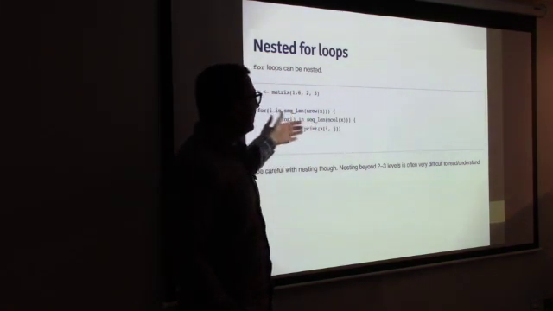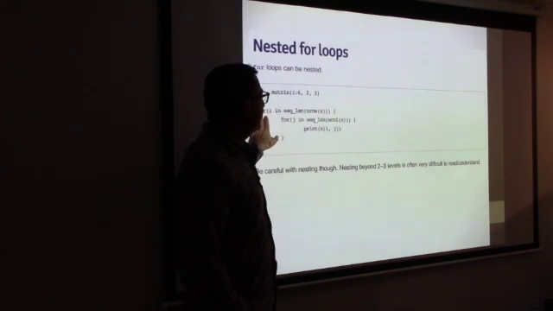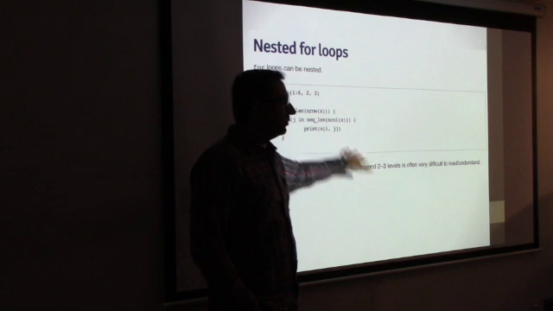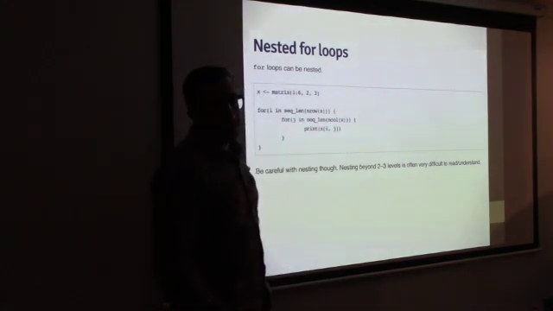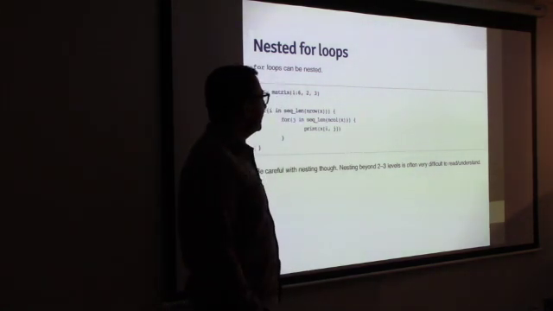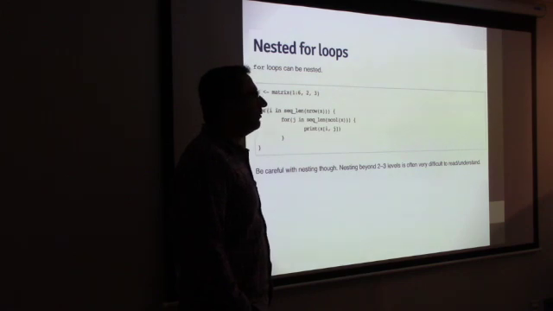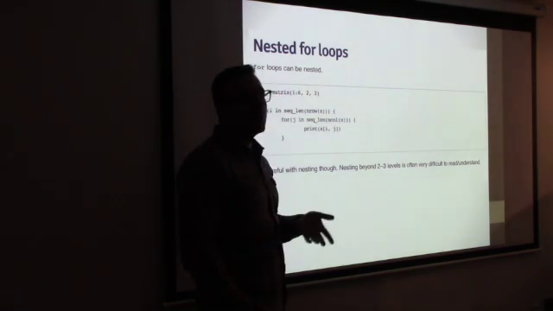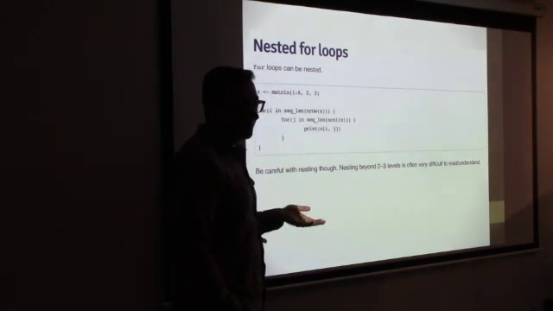In this case, for example, there's an outer loop, and then within that loop there's an inner loop. So usually, if you want to do a bunch of things, and then for those bunch of things you need to do another bunch of things, then you can use this concept called nesting. The classic example is, supposing you have a matrix. The matrix has rows and columns, as we know.